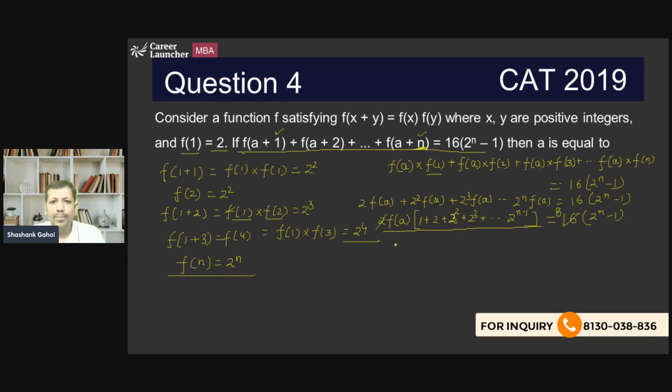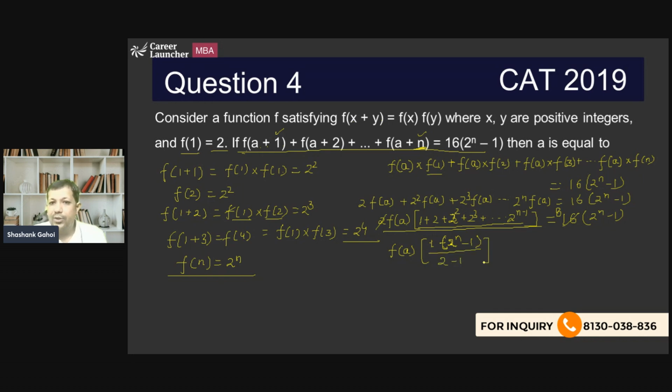Okay. So fa times, now this is a geometric progression. So what is the sum of a geometric progression? That is a times r power n minus 1 upon r minus 1.